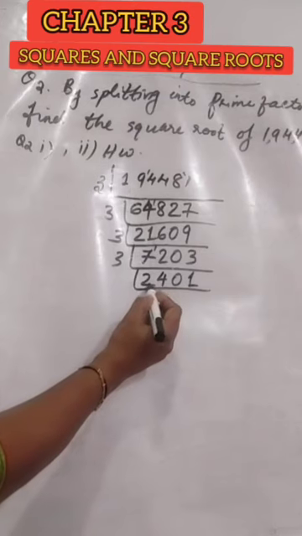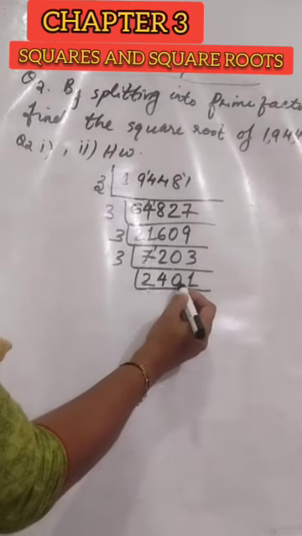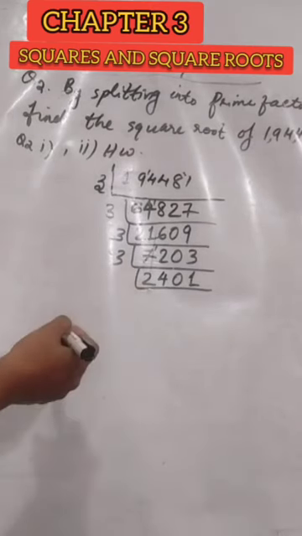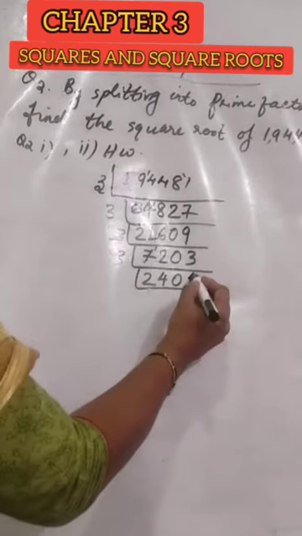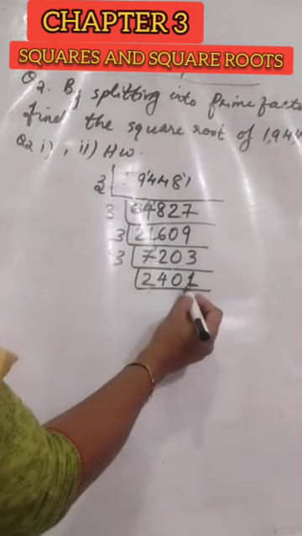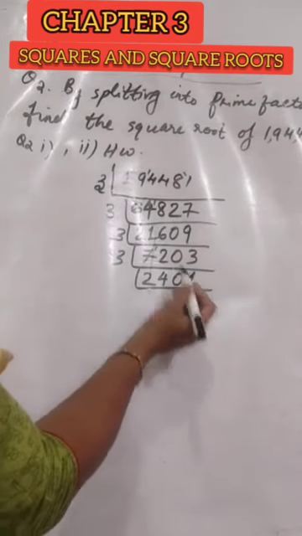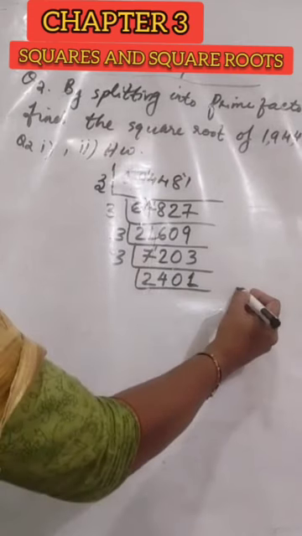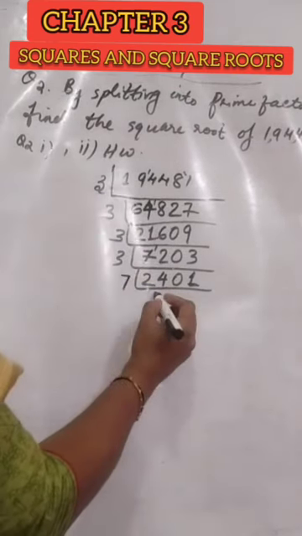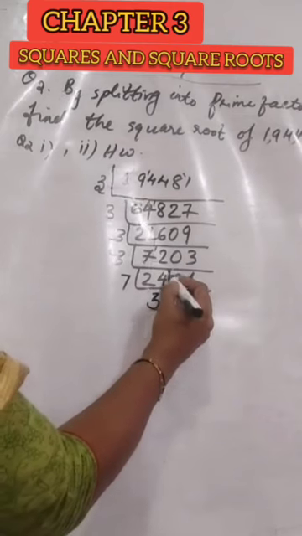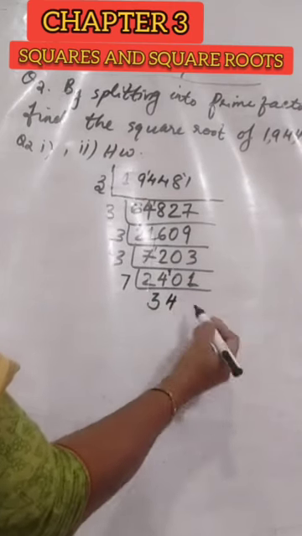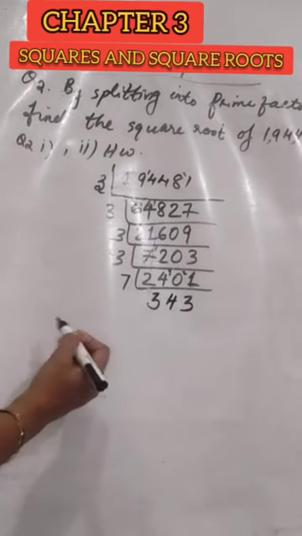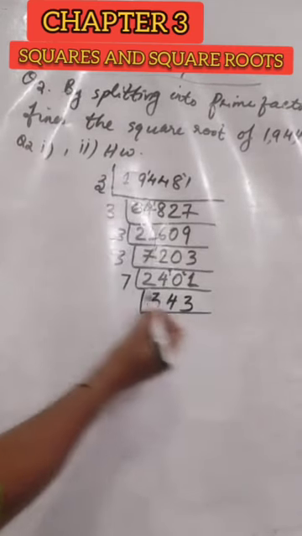So look at this number. 2 plus 4 is 6, plus 0 plus 1 is 7, not divisible by 3. So let us find another factor. You know that it is not an even number, so it is not divisible by 2. Not divisible by 3 and not divisible by 5. Now check with 7. Is it possible or not? 7 3s are 21, 7 4s are 28, remainder 2, 21, 3 7s are 21. It is possible, divisible by 7, a prime number.